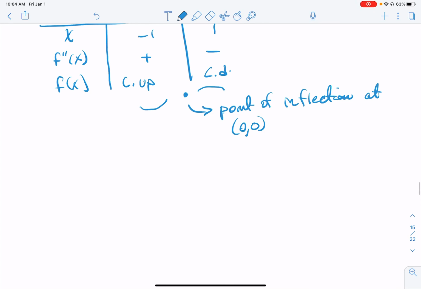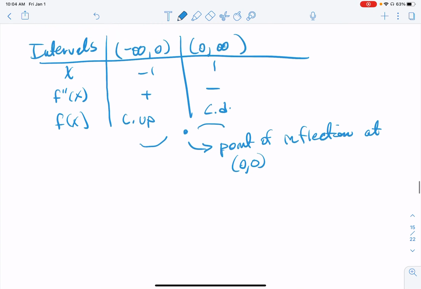If I had to justify this on any kind of AP exam, I would say since f double prime changes signs at x is equal to 0.